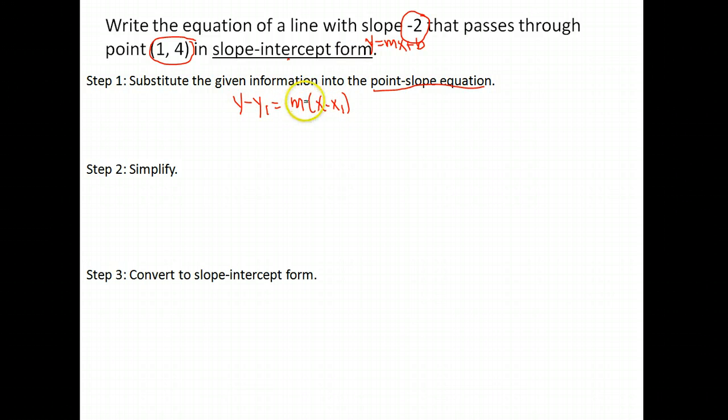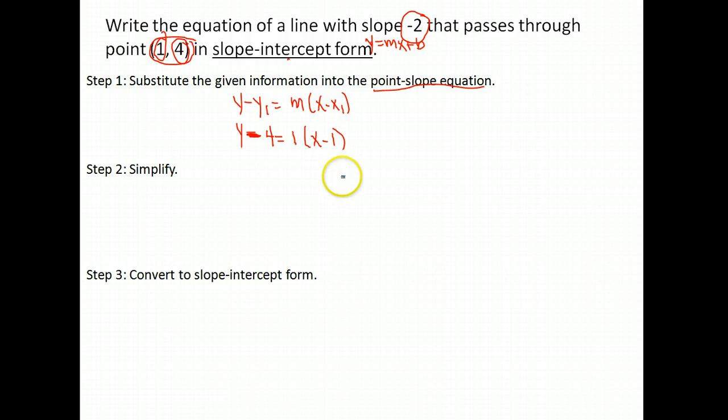So we're going to substitute in the values that we know. We have y, remember the one without numbers just gets to stay a y, minus y1, that means the y from the point they gave us, which in this case was 4, equals m, my slope is 1, times x minus the x from our point, x1.